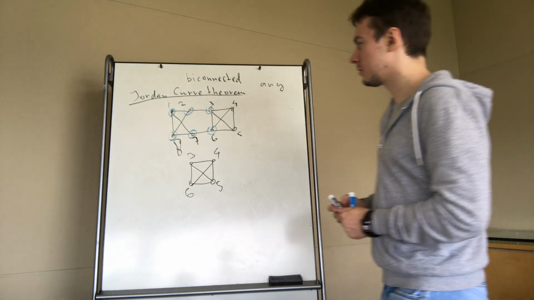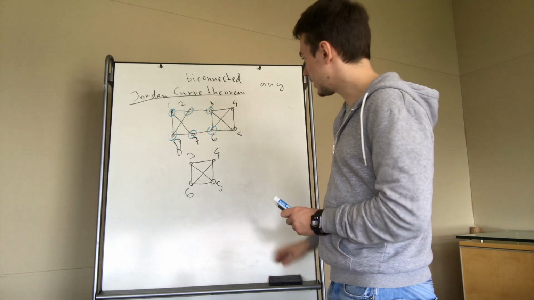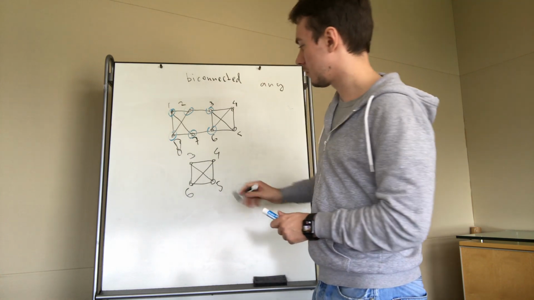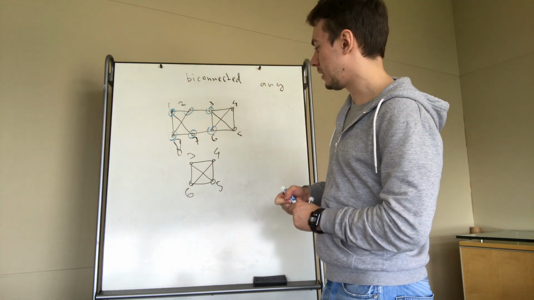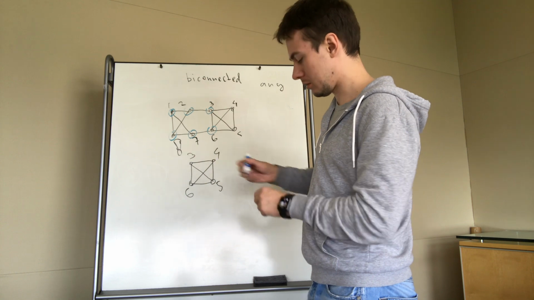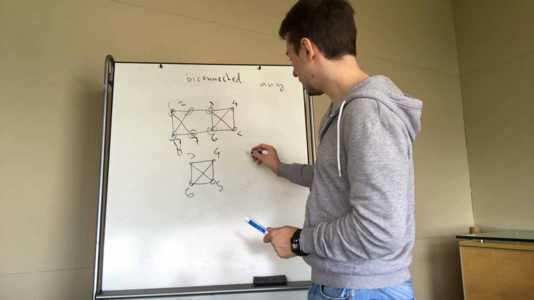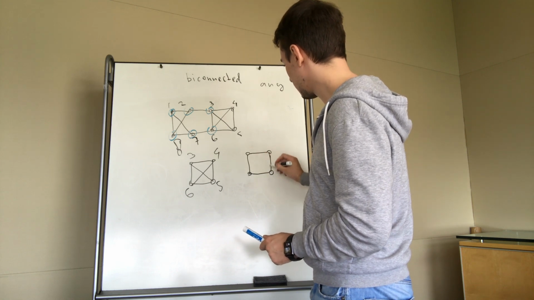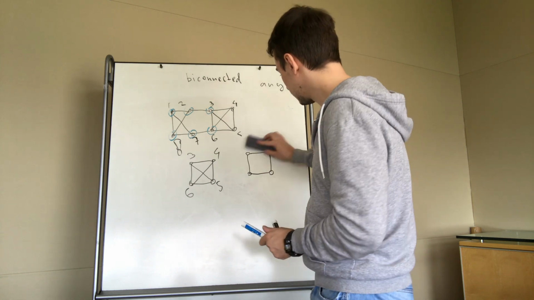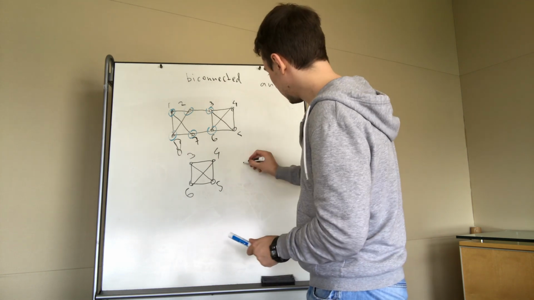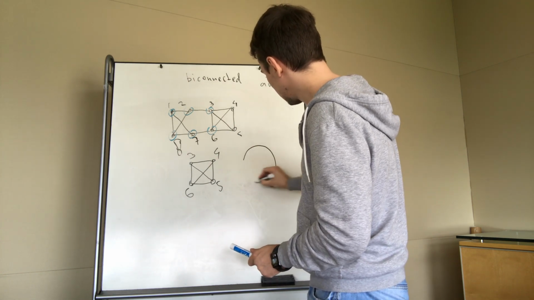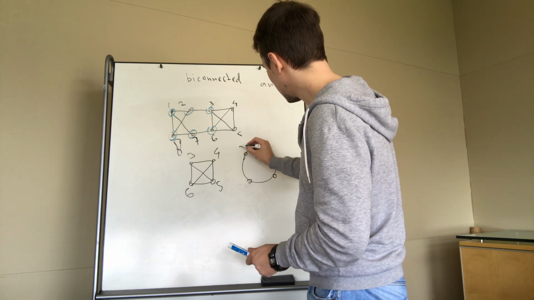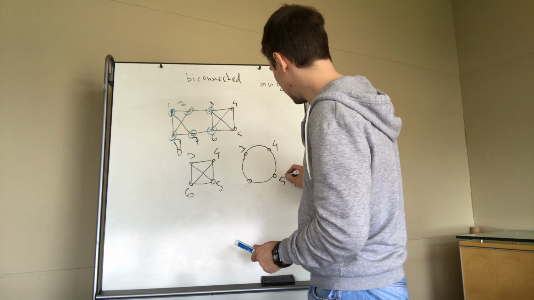In this graph, we do the same thing. We can find any circle. Let's say this: 3, 4, 5, and 6.